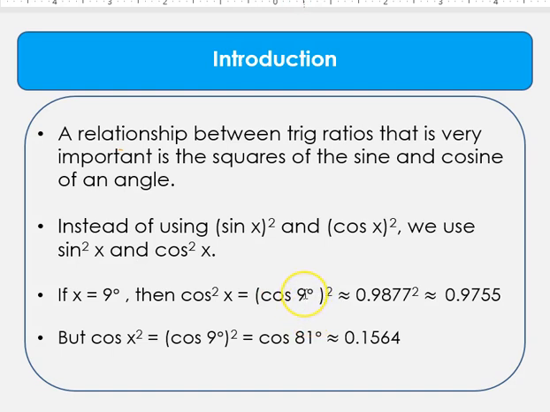The first time that I did this, 9 degrees cosine, I ended up with 0.9877. That's the number that you will square. If you go the other way around, doing cosine 9 degrees and then squaring that whole expression, that would be cosine 81 degrees, and that gives you the wrong answer.